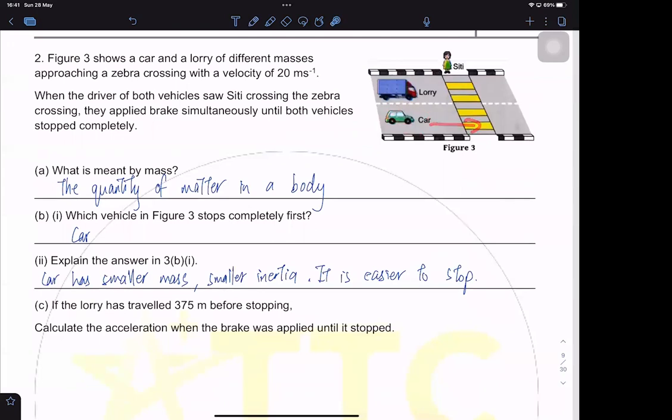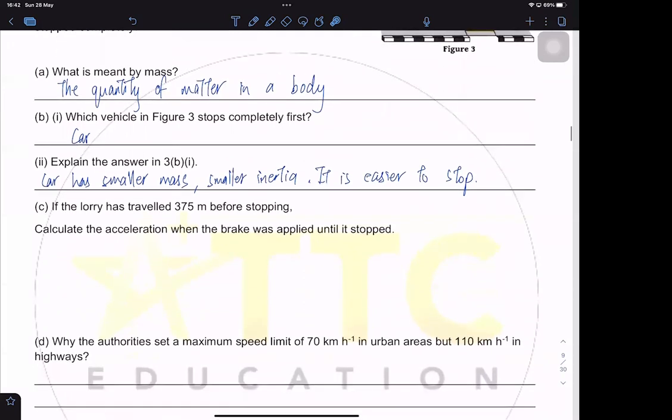But the lorry has a big mass, so its inertia will say, don't move, don't move. So when the engine says move, the lorry also says, don't move. So the lorry is harder to start moving when they are both stopped. So it works both ways. If you are harder to stop, you are harder to start also.